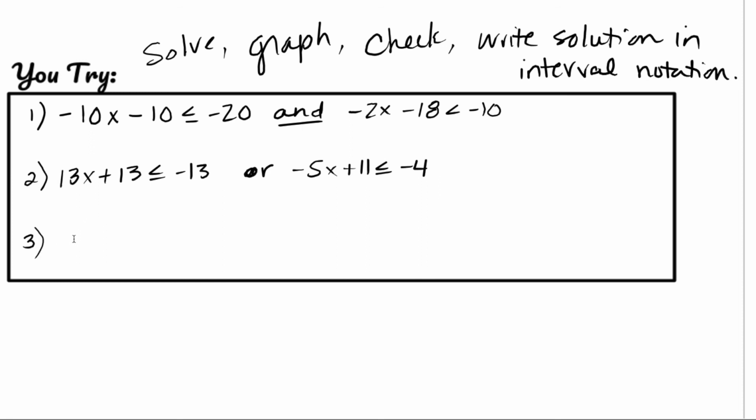And the third one, I kind of did the algebra for you, to make this a little bit quicker. x is less than negative 5, or x is less than or equal to 7. So try those, bring those back to class, and we'll check, see how you did.